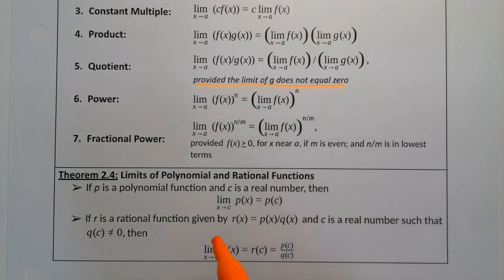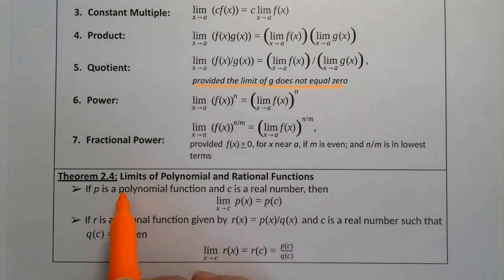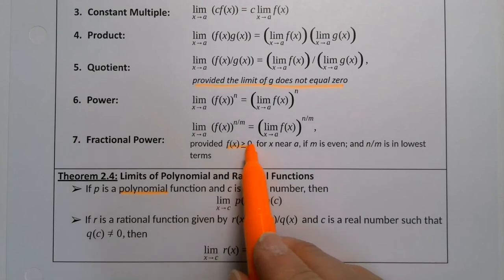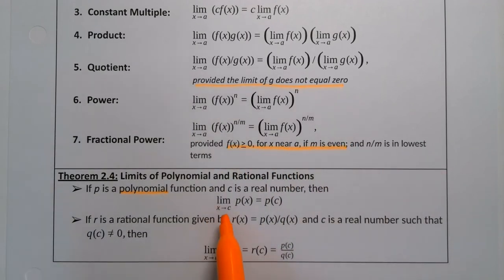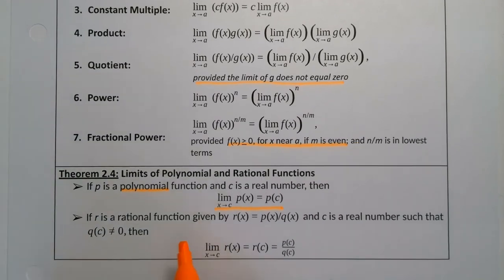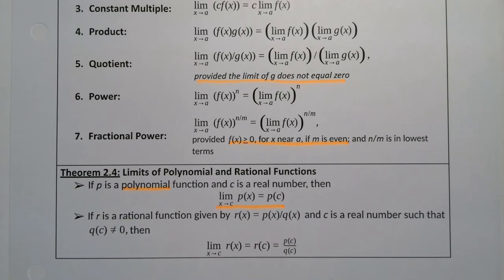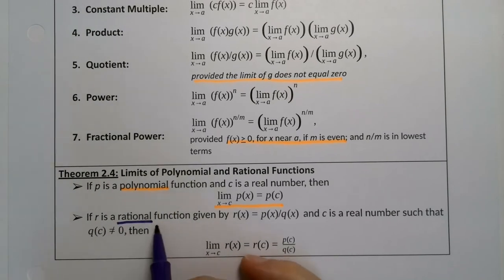Also, we learned that if you have a polynomial, because polynomials are really easy, then the limit as x approaches c of that polynomial is that polynomial's value at c, right? So there's nothing really to worry about. And a rational function, which of course we all know is a polynomial divided by a polynomial.